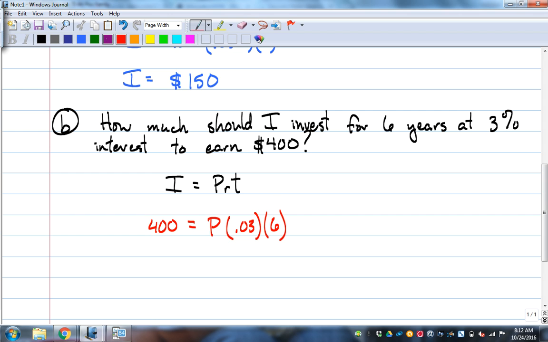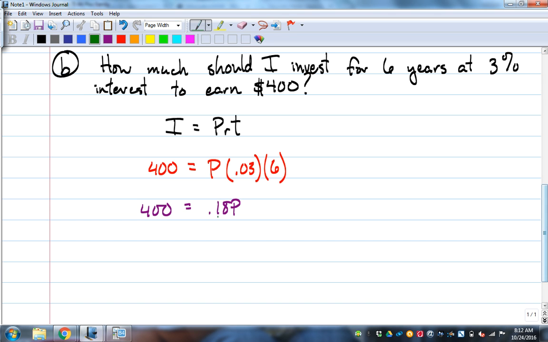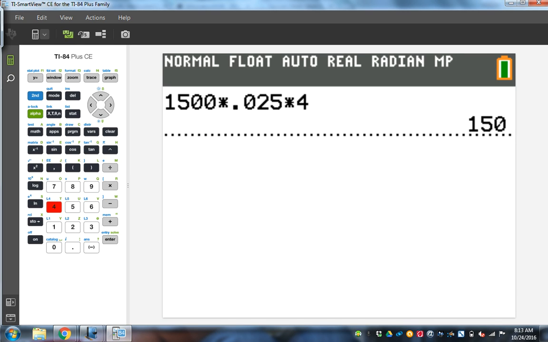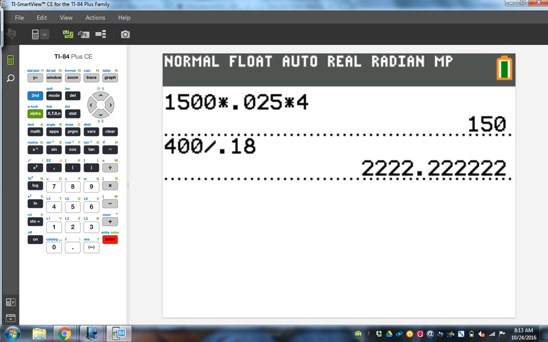So we just have an equation to work here. 0.18 P equals 400. Divide 400 divided by 0.18. Yeah, lots of twos there.